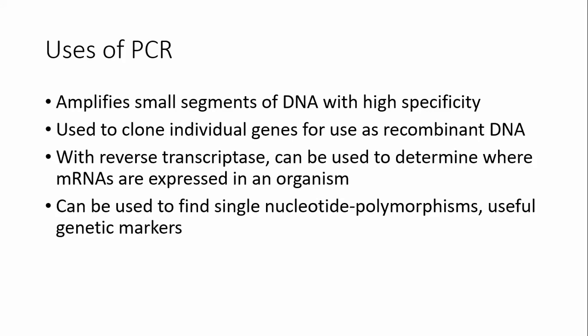You can also use this to make lots of copies of segments of DNA which include a gene that you can then digest and use as recombinant DNA to insert into a vector.